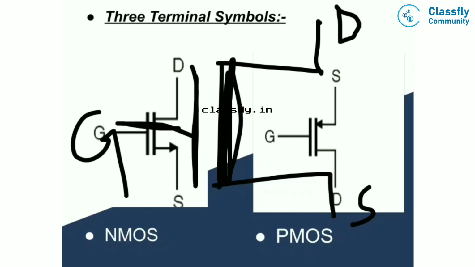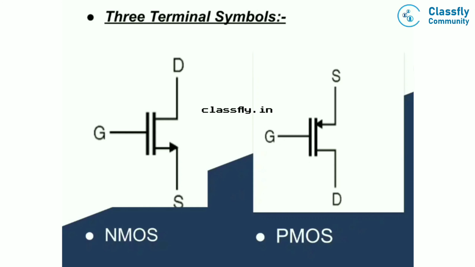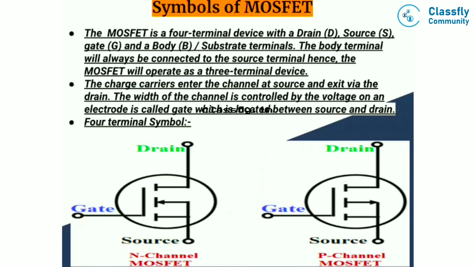And here this is your channel, and as it is N channel, here the arrow will go out in the source part. So this is an NMOS. Now for the PMOS, the arrow at the source will go inward. So I hope you understood the 3 terminal and the 4 terminal.